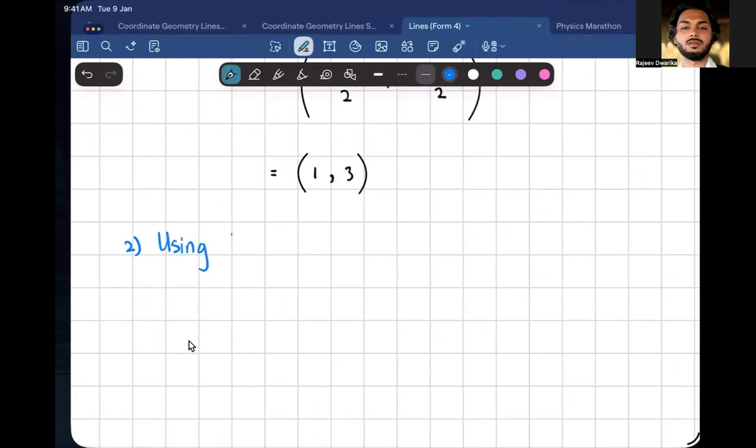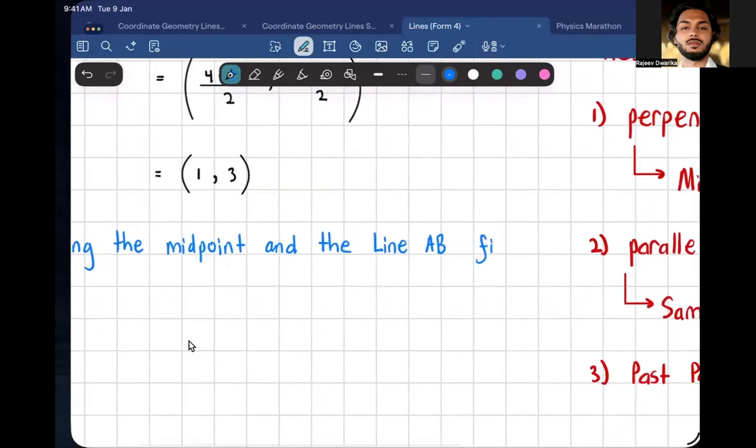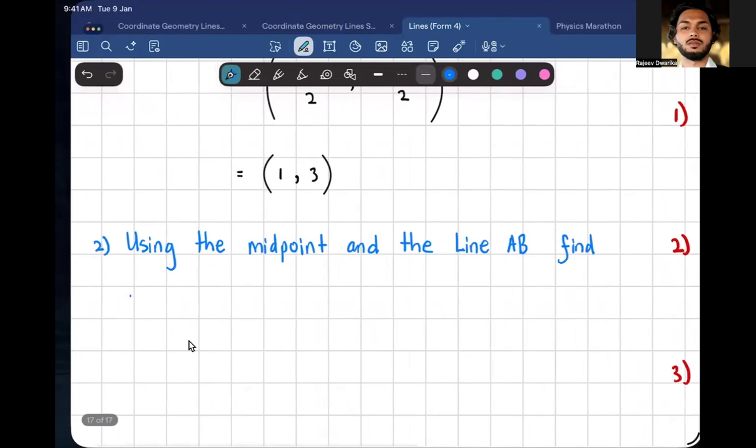Using the midpoint, find the equation of the perpendicular bisector.